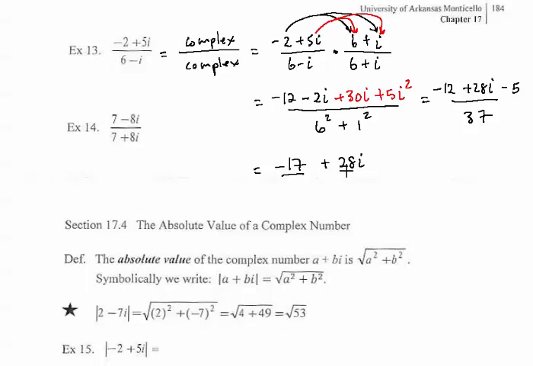And at this point we can separate the real and the imaginary part by simply writing a 37 as the denominator of each. And so here we have our final result. This is the quotient of these two complex numbers divided.